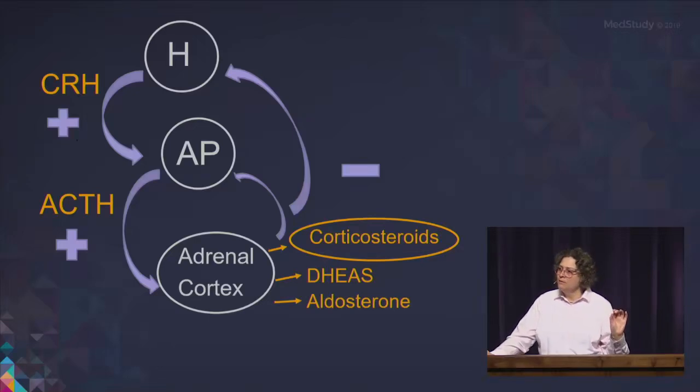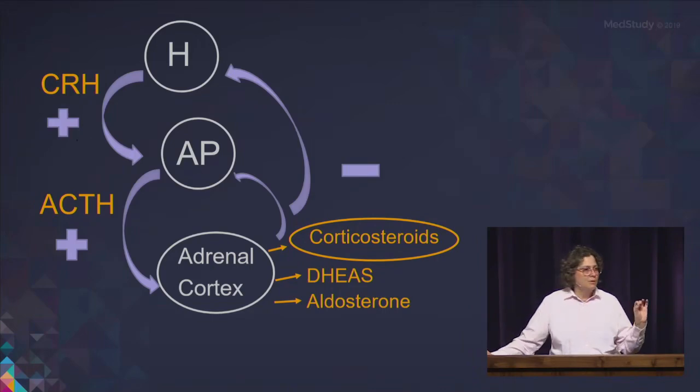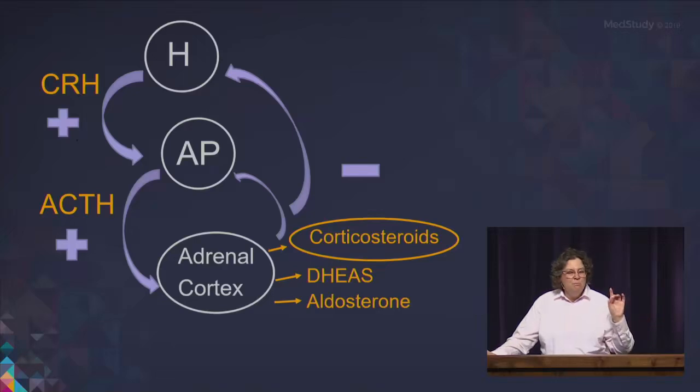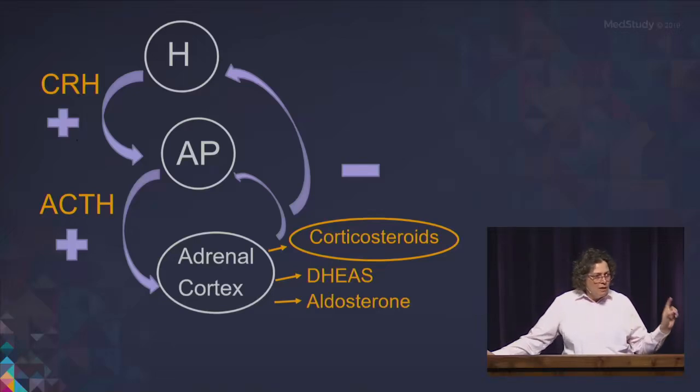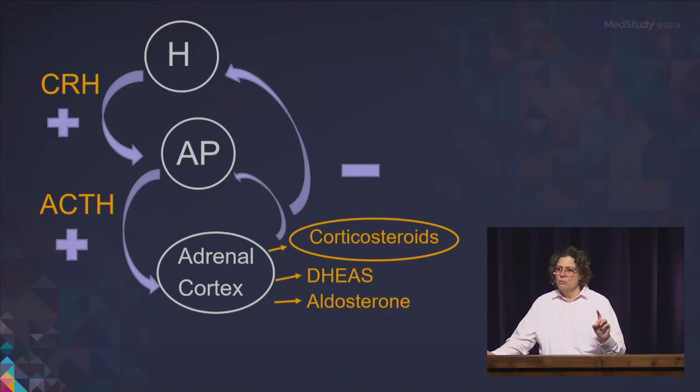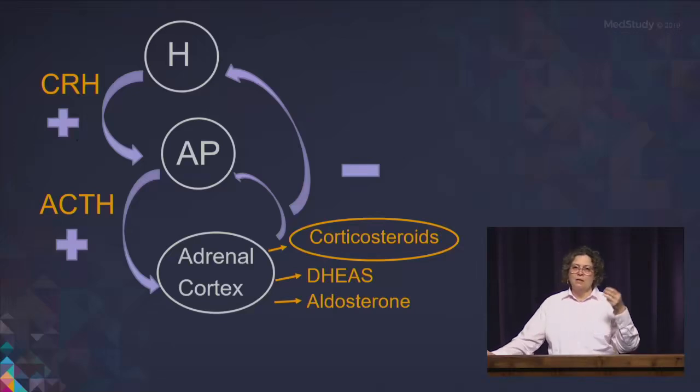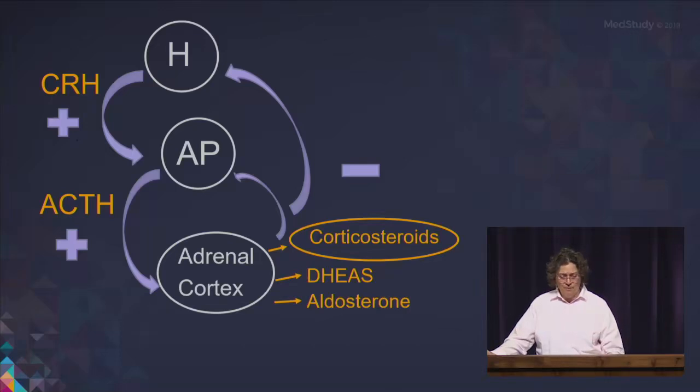It has a little bit of influence on DHEAS and a little bit of influence on aldosterone, but the biggest regulator of aldosterone is the renin-angiotensin system. So when you're talking about feedback, the biggest regulator that's going to regulate CRH and ACTH production is going to be the glucocorticoid production. And ACTH does not have anything to do with the adrenal medulla, okay?